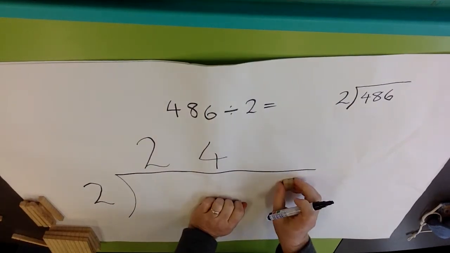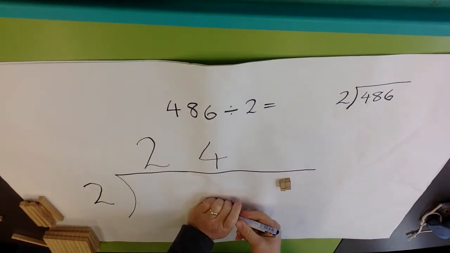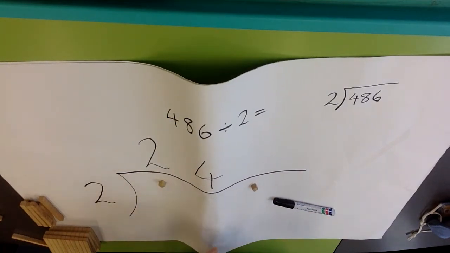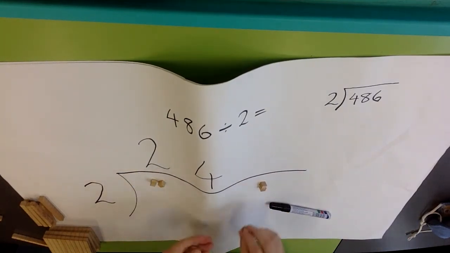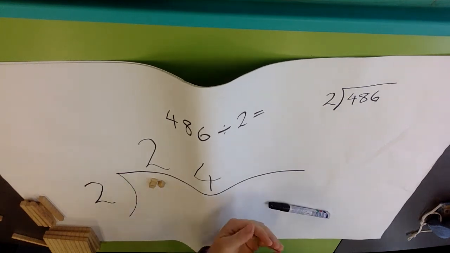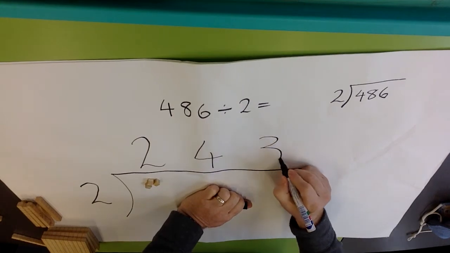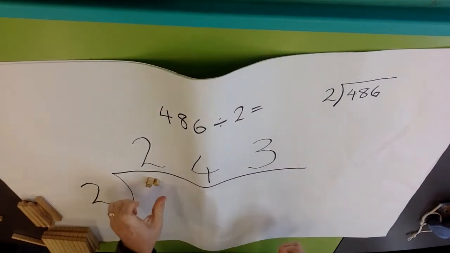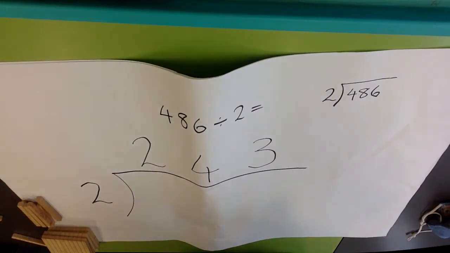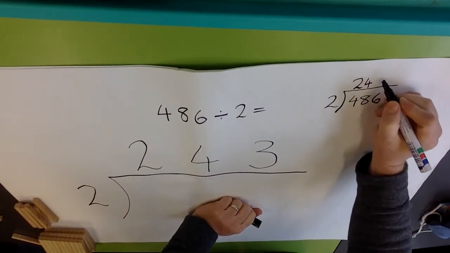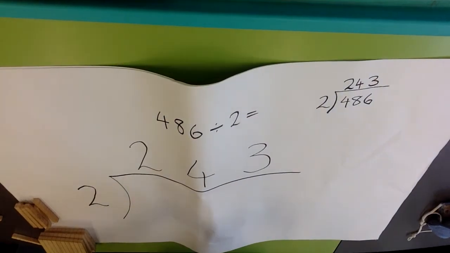Now we have 6 1s to share out into 2 groups. So, 1, 2, 3. Each group has 3. So our answer to our divide is 243.